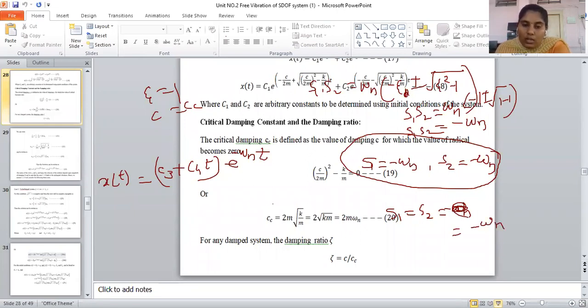So there are repeated roots, and X of t becomes like this: X of t is equal to C3 plus C4 t into e raised to minus omega n t. Okay, and from solving this equation, we have to apply the boundary conditions.